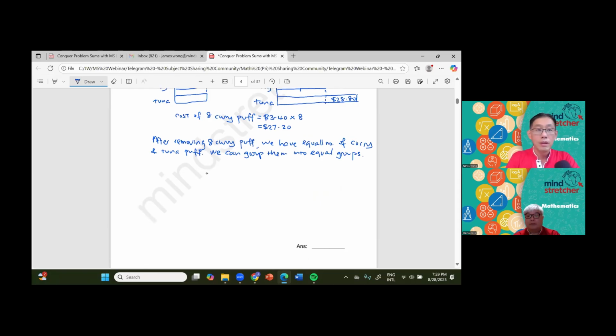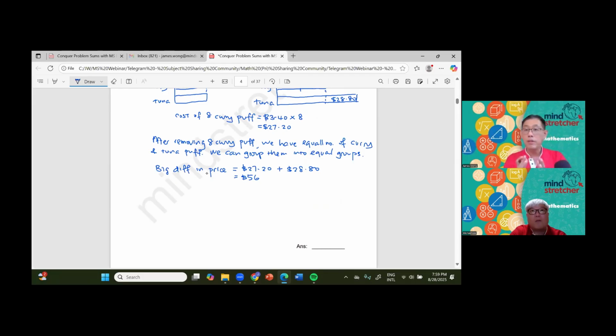So I'm going to put this down as the big difference. This is the big difference in the price, and that is your $27.20 plus $28.80. So this will give me $56, if you add that up.